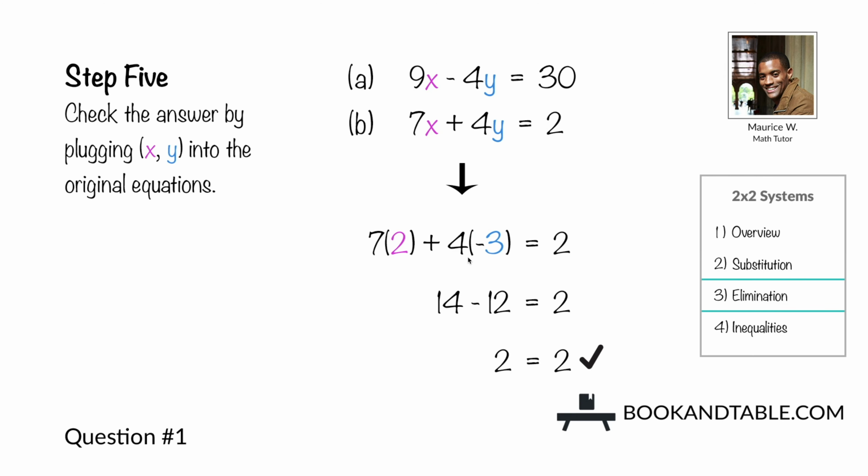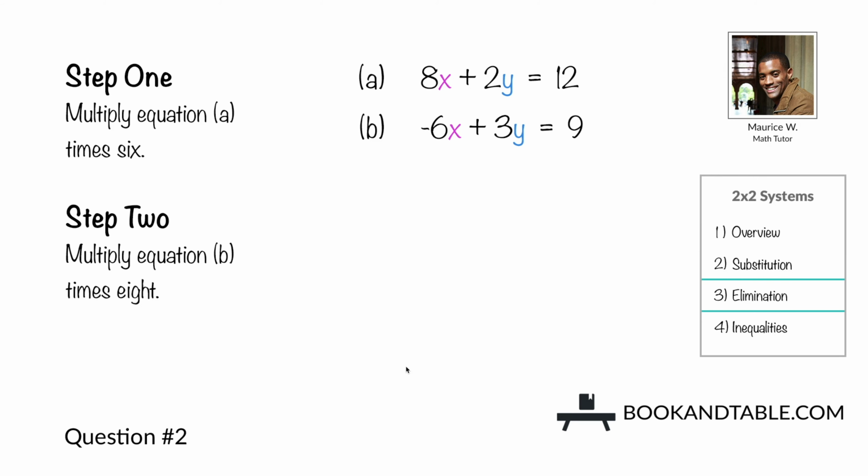And for equation B, 7 times 2 is 14, plus 4 times negative 3, which is negative 12. 14 minus 12 is 2, and that's equal to 2. Thus confirming that x is equal to 2 and y is equal to negative 3 for both equations A and B. So that is the solution to the 2 by 2 system in question number 1.